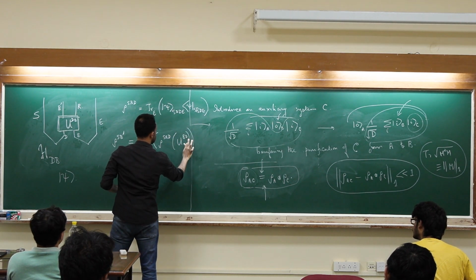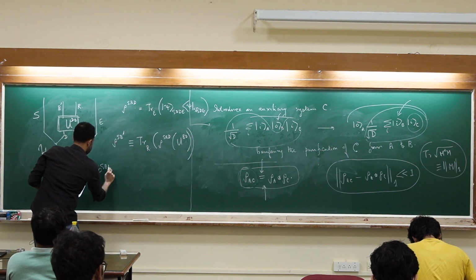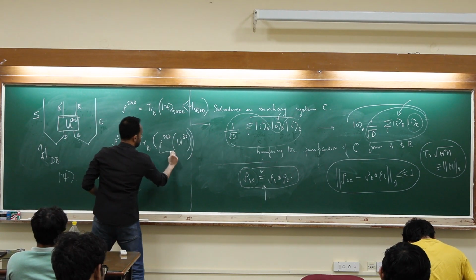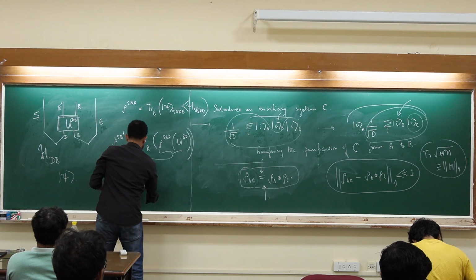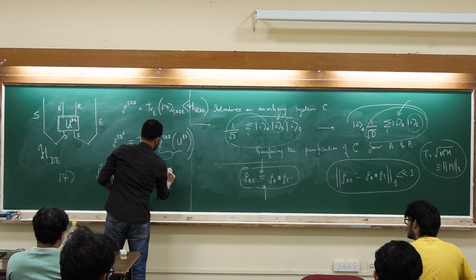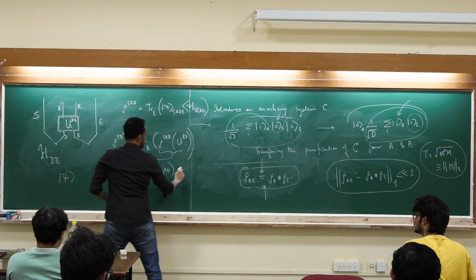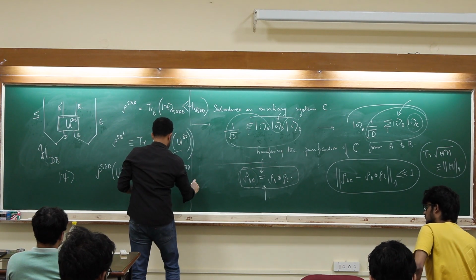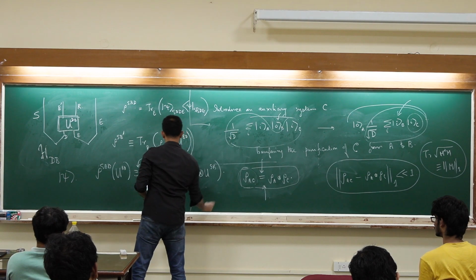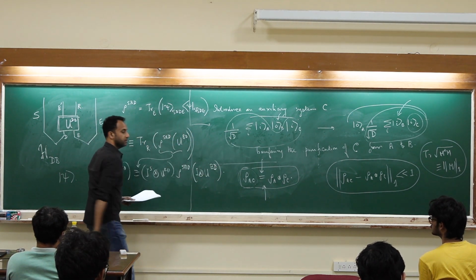Okay, I'll explain this. U_BD is just a name. This is just a name for acting with the identity matrix on S and acting with this random unitary on the BD. Is that fine?